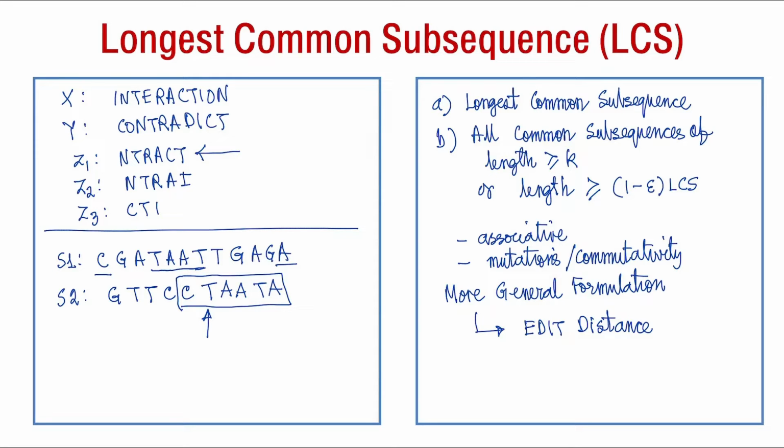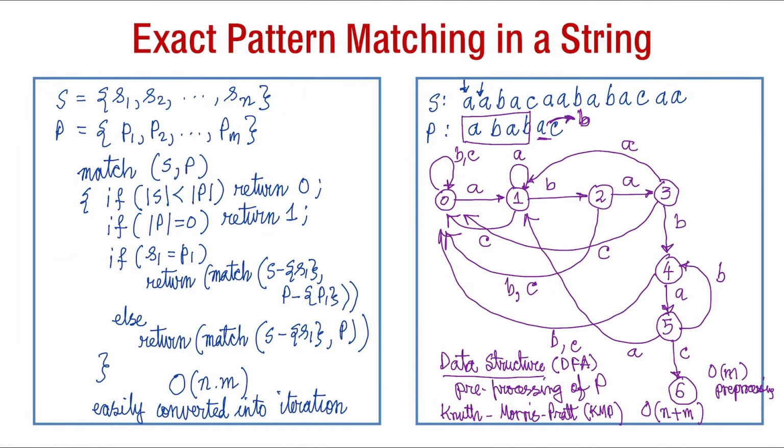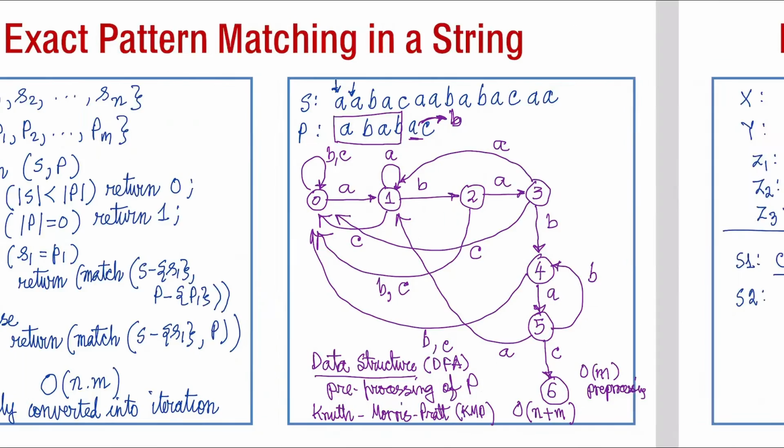So how do we formulate the longest common subsequence problem? We go back to this exact string matching problem and we see that we will do the same thing, almost the same thing here, but our base conditions and certain other conditions will be different because we are not looking at an exact continuous match. We are looking at matches which can have gaps between them.